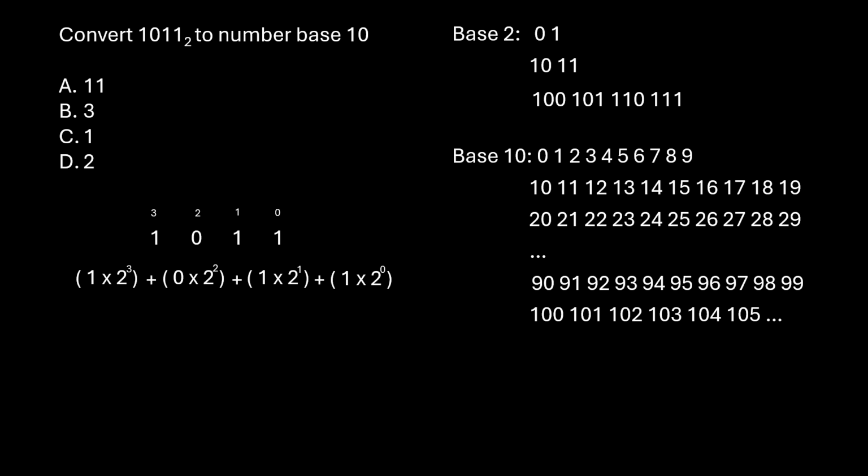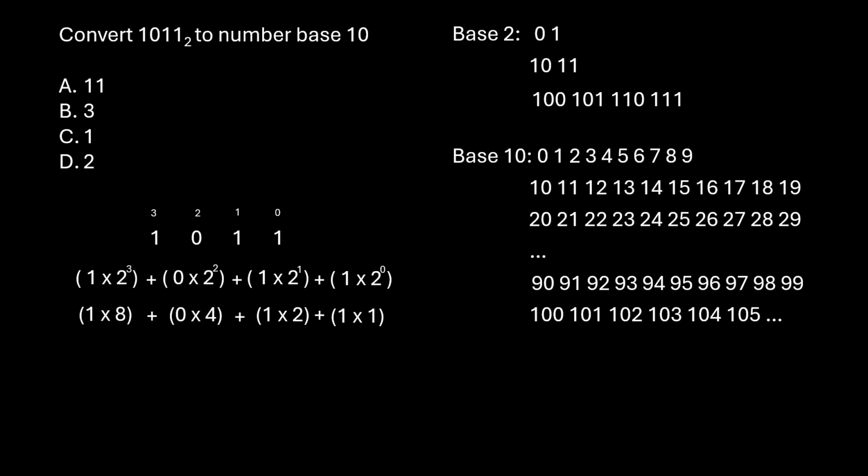So what do we get? So we get 1 times 8, because 2 to the power of 3 is 8, plus 0 times 4, because 2 to the power of 2 is 4, plus 1 times 2, because 2 to the power of 1 is 2, and plus 1 times 1, because 2 to the power of 0 is 1.